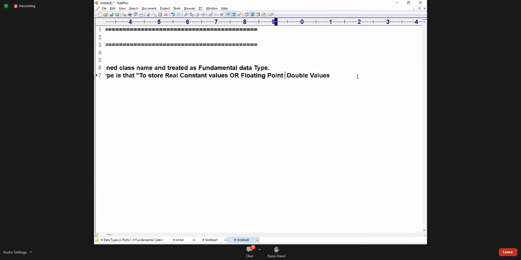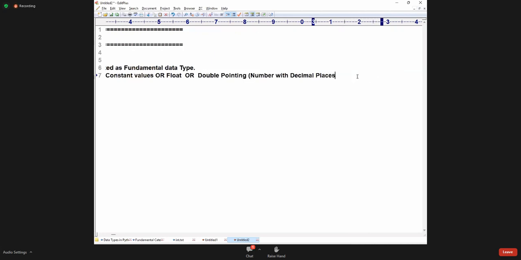So float or double point values. These are all different language terminologies, students. Nothing but, in brackets, numbers with decimal places. Numbers with decimal places, students.